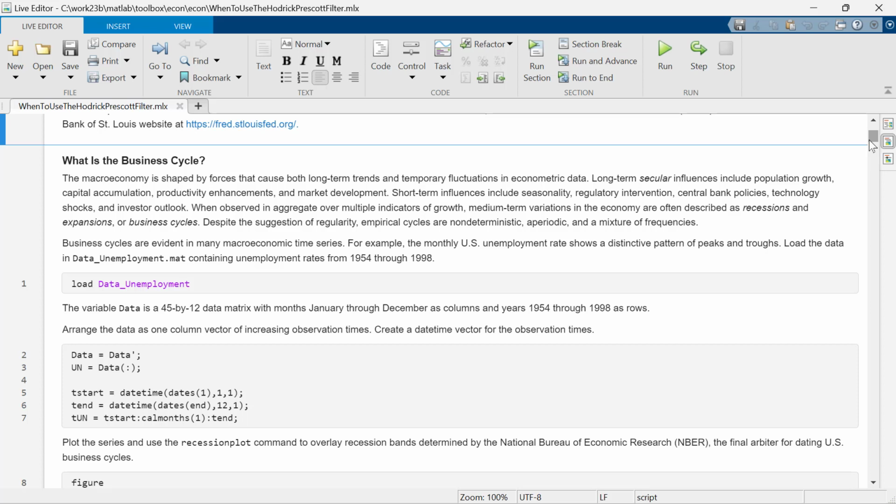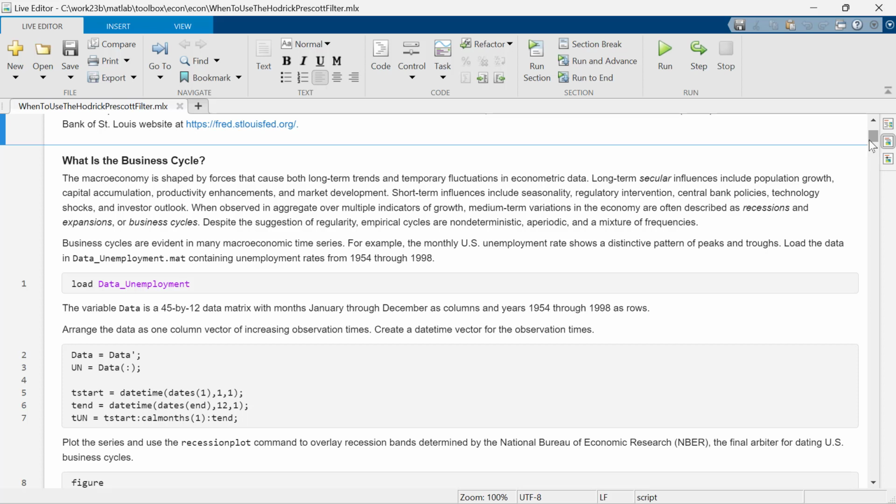Now we want to be careful that cyclical and business cycle suggests a kind of periodic or deterministic behavior, and that's not the case for any of the empirical cycles that we'll be looking at. In real data, the cycles that we'll be discussing are generally non-deterministic and aperiodic and very irregular, with a mixture of many different frequencies.